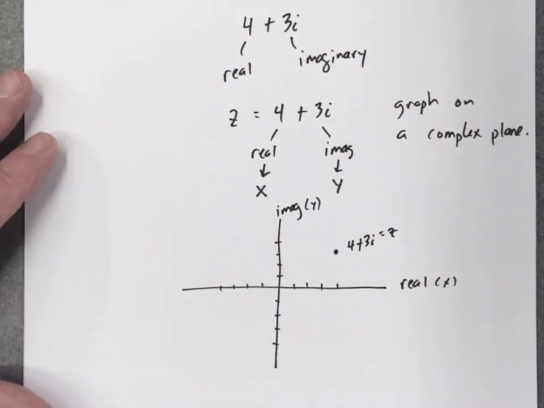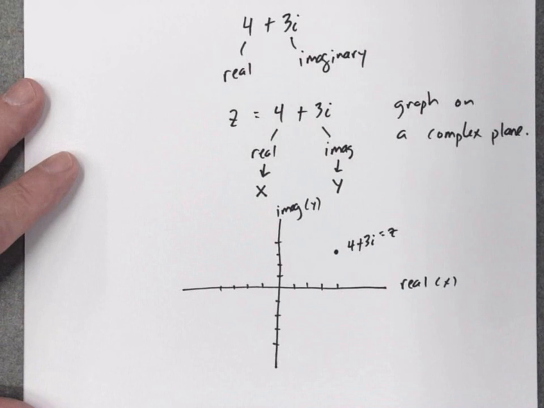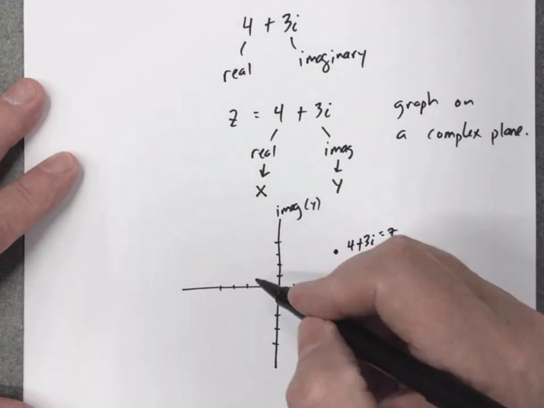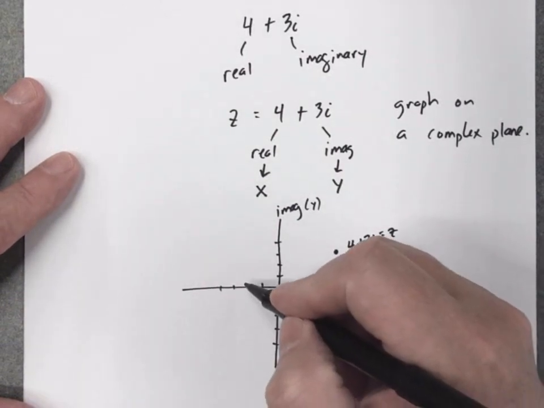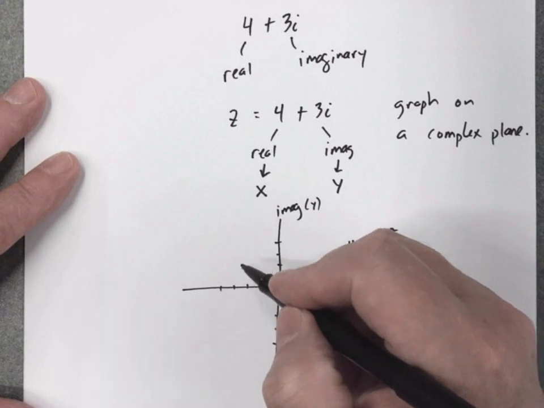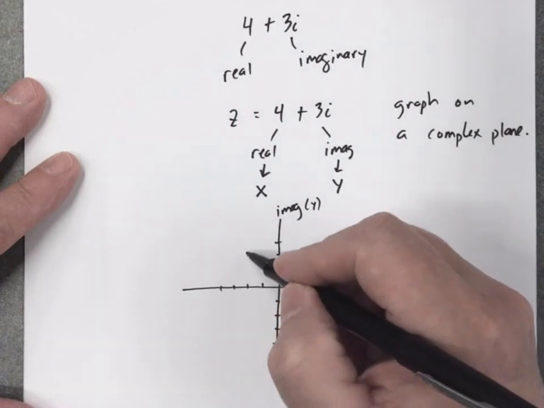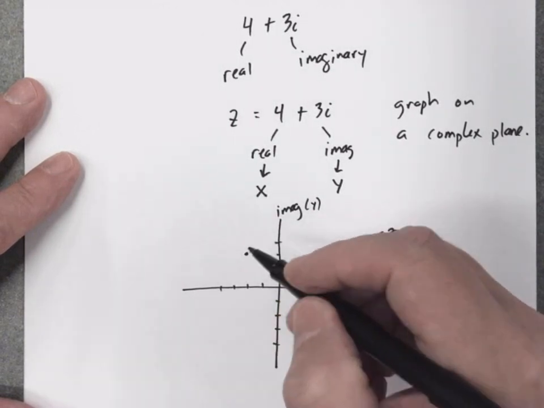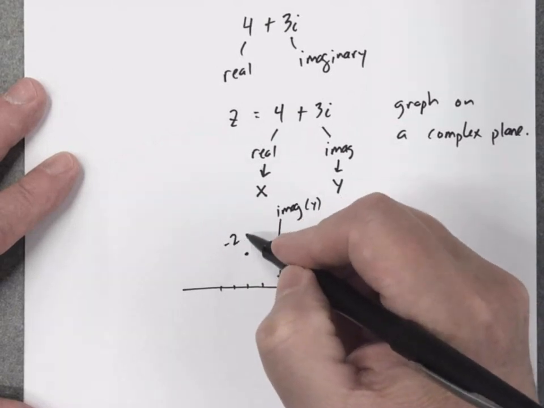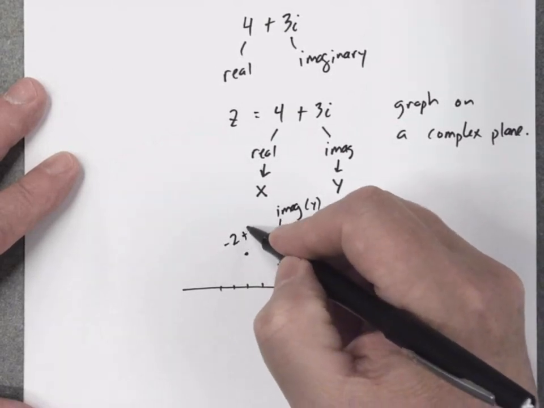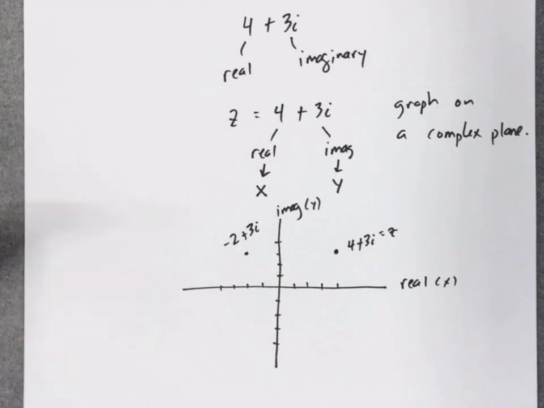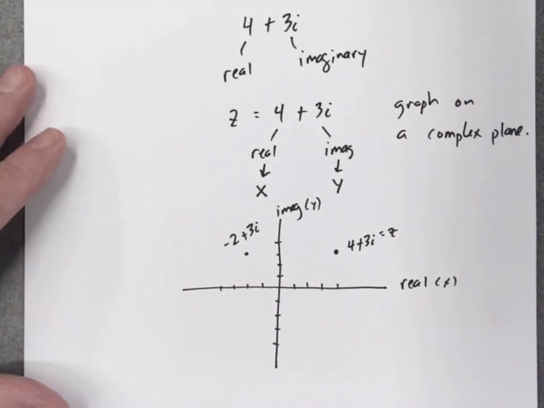Let's say that I wanted to graph the complex number -2 minus 3i. There's -2 plus 3i. I'll just do one more for fun.